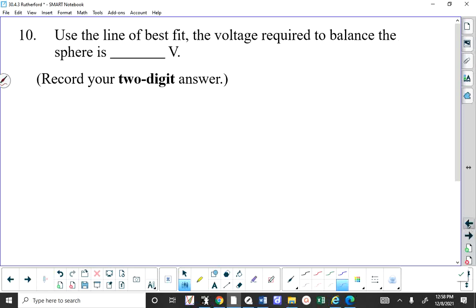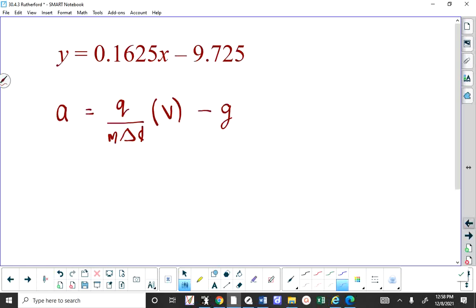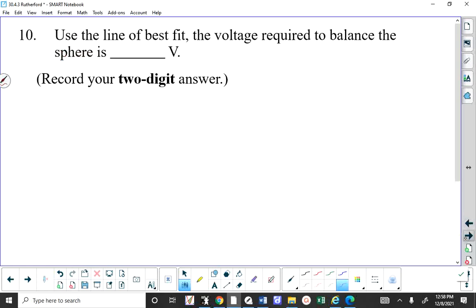If we look at number 10, what's the voltage required? Oh, 10 is a tricky one. What's the voltage required to balance the sphere? Okay, if you're balancing the sphere, then the acceleration is 0. You don't need to overanalyze the physics of it.